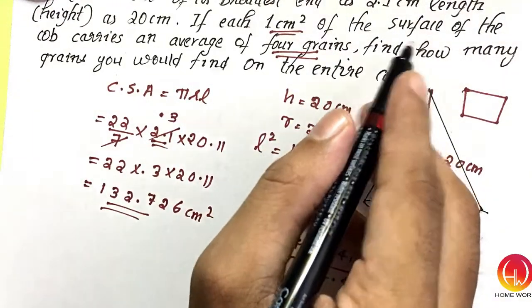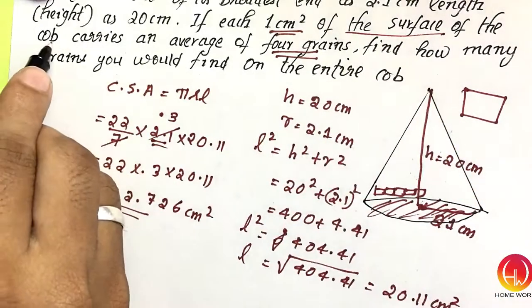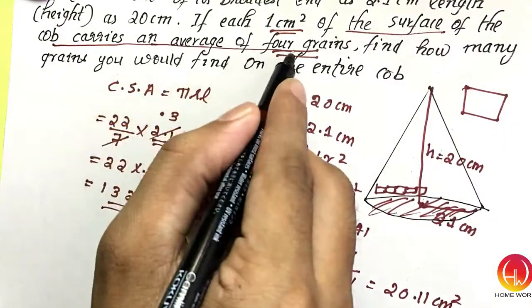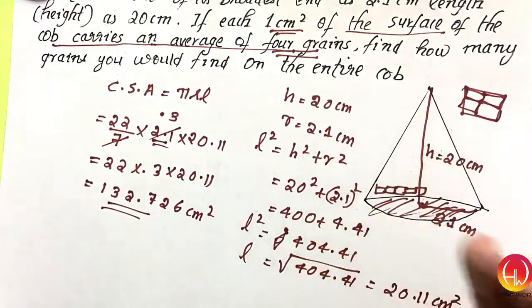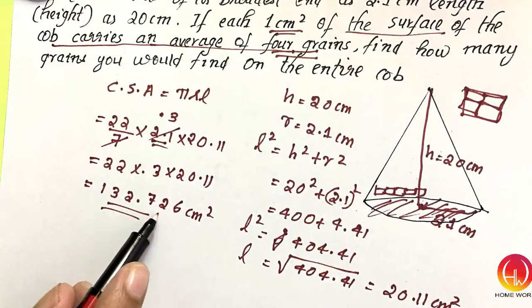Then each 1 cm square of the surface of the cone carries an average of 4 grains. So here total 132.72 cm square.